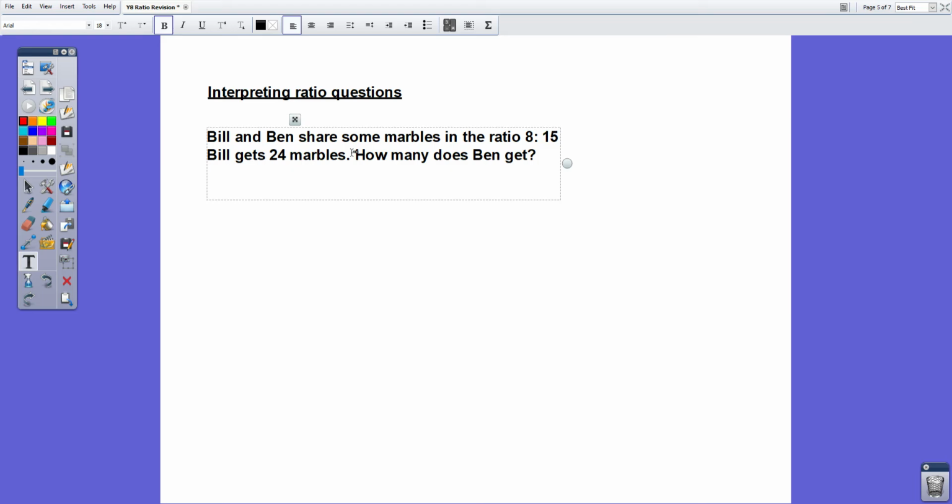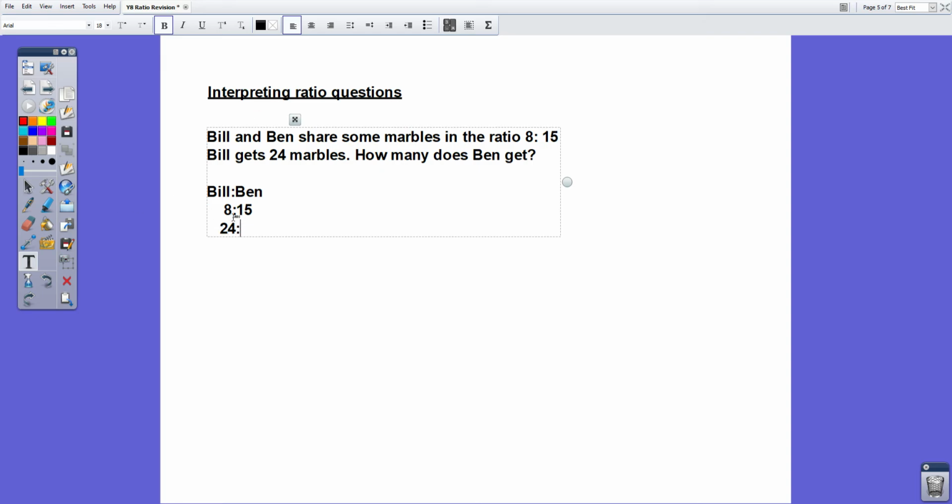So the ratio Bill to Ben is 8 to 15. So in other words, if Bill got 8 marbles, Ben would get 15 marbles. However, Bill has actually got 24 marbles.